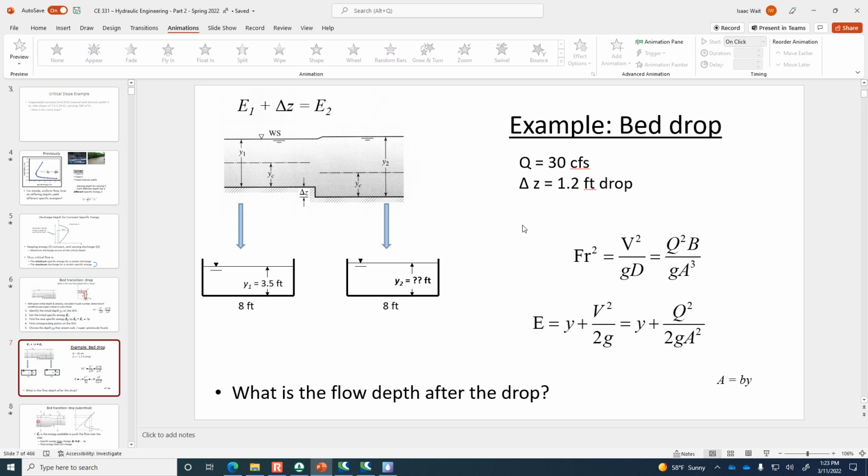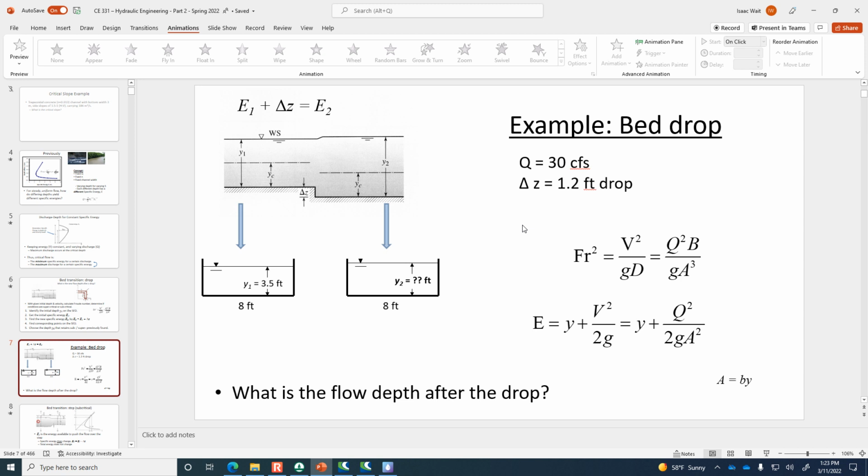So 4.7178 is equal to Y2 plus Q squared. So Q was 30 squared divided by 2 times 32.2 for g times 8 times Y2 squared.